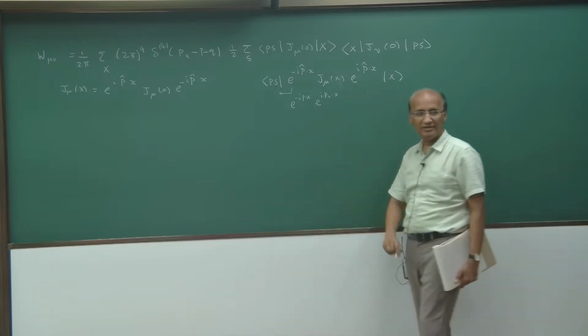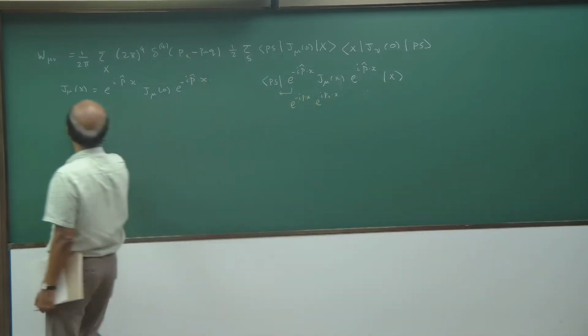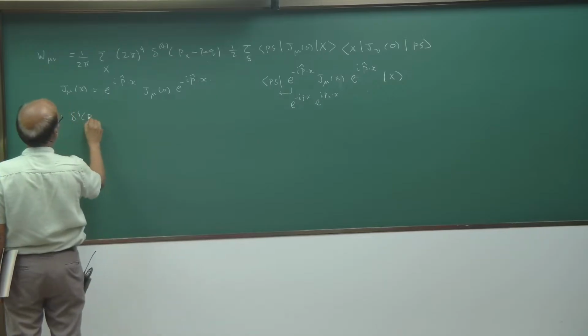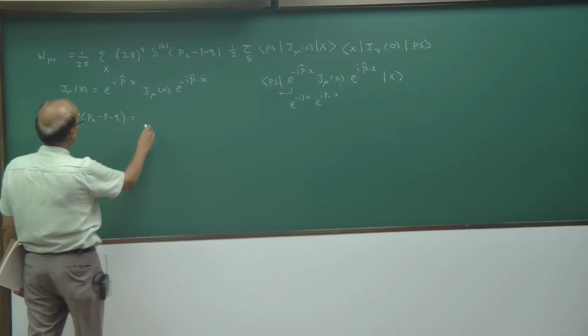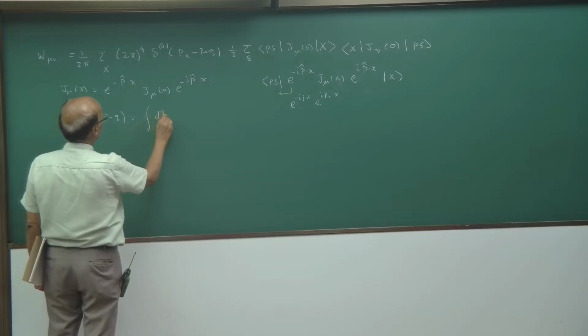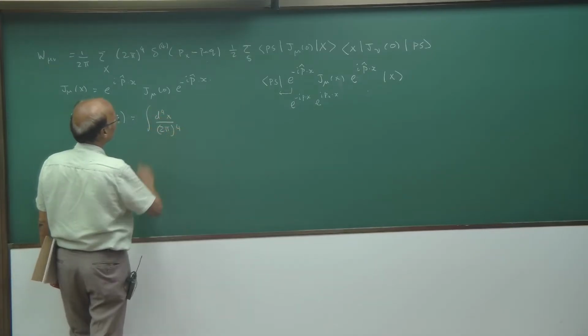I can write the delta 4 of P_X minus p minus q in such a way, that means I can write it as the integral d4x over 2 pi to the power 4.